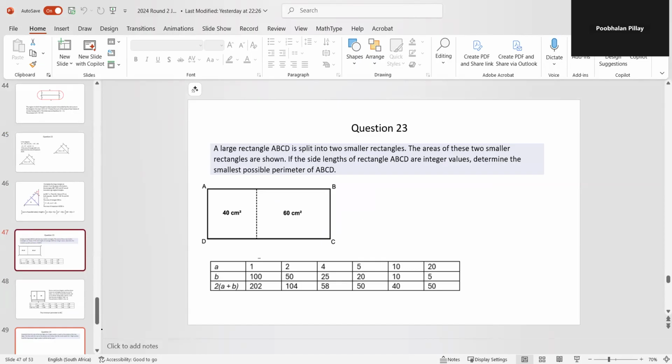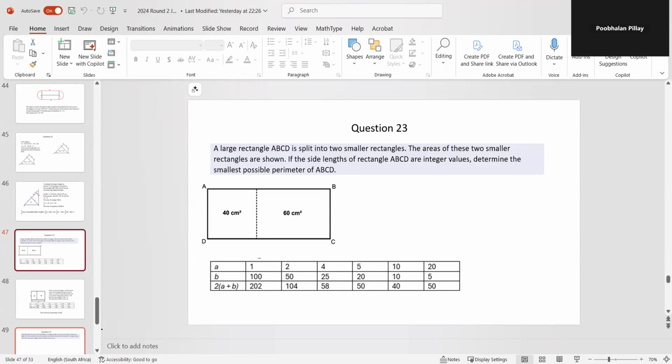Problem number 23. A large rectangle ABCD is split into two smaller rectangles. So it's broken up into two pieces. One is 40 and the other 60, so the area of the rectangle is 100.